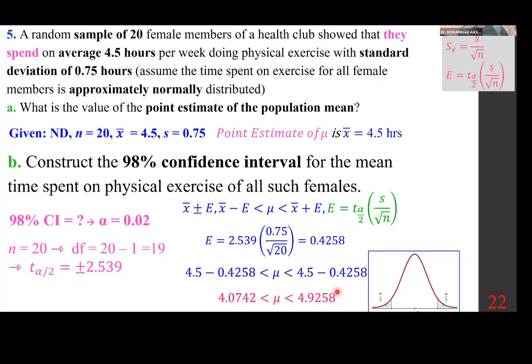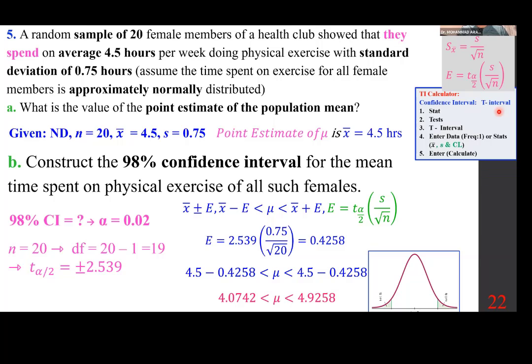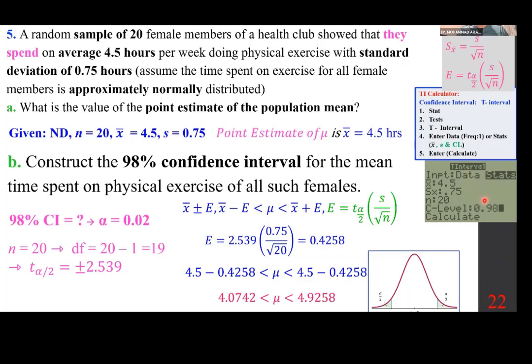If we were to do this by technology, we use the confidence T interval. T interval, we put stats, unless we have data. Sometimes we are given data, we can click on that.